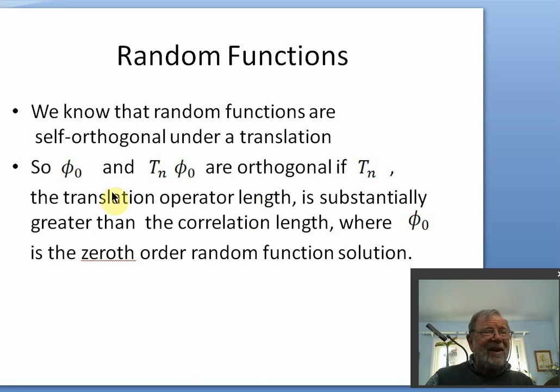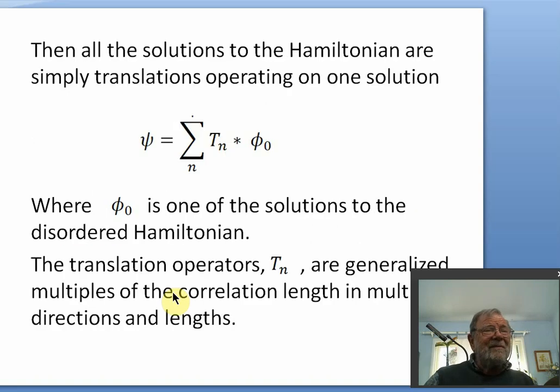So if psi 0 is a solution to a disordered Hamiltonian, then the translation operator times psi 0 are orthogonal if the translation vector length is substantially greater than the correlation length, where psi 0 is the zeroth order random function solution. Then all the solutions to the Hamiltonian are simply translations operating on one solution.